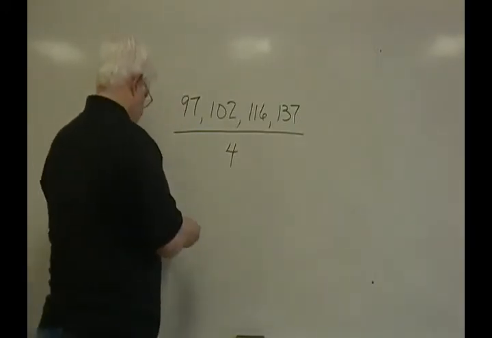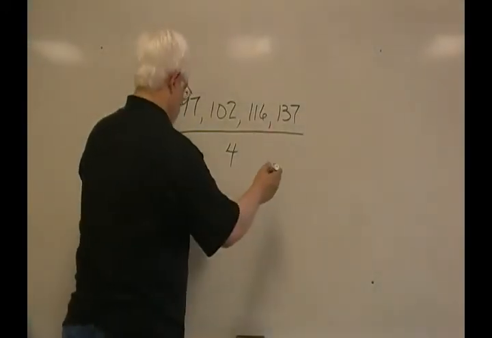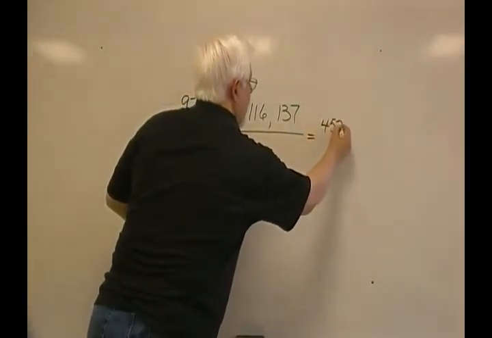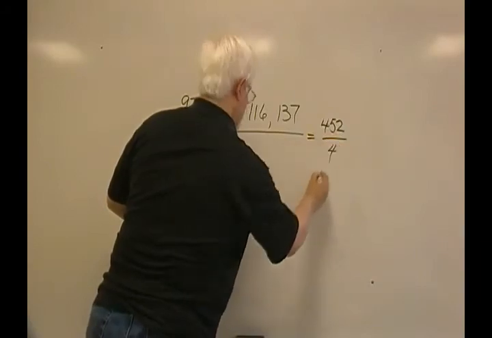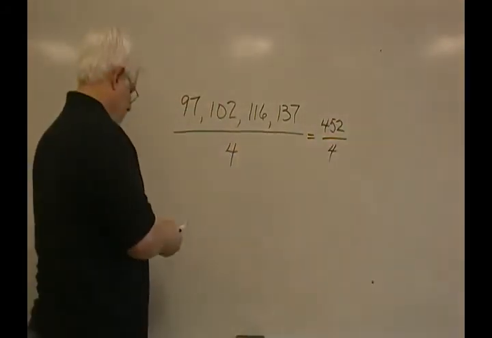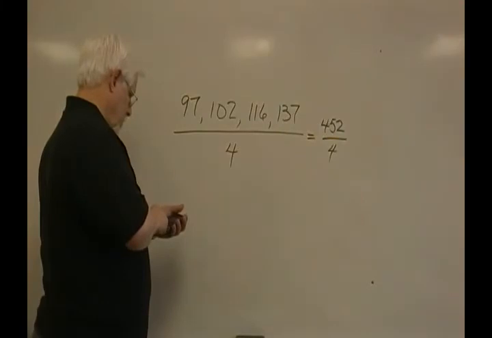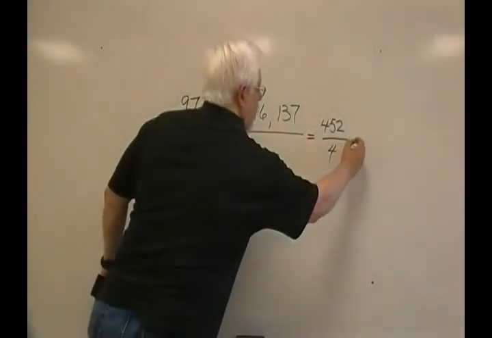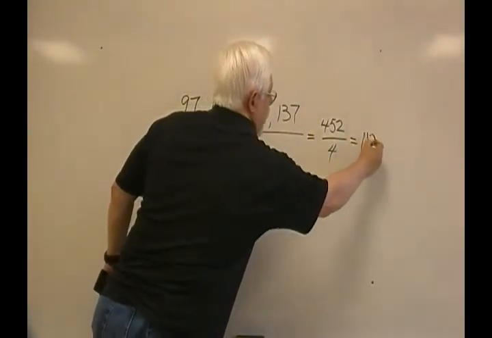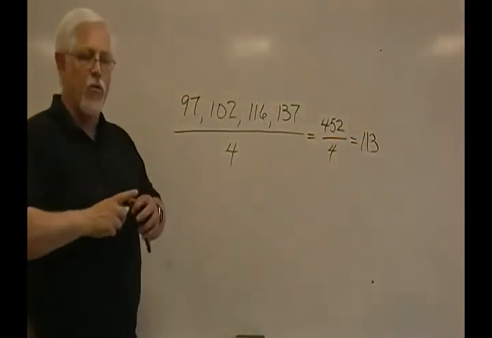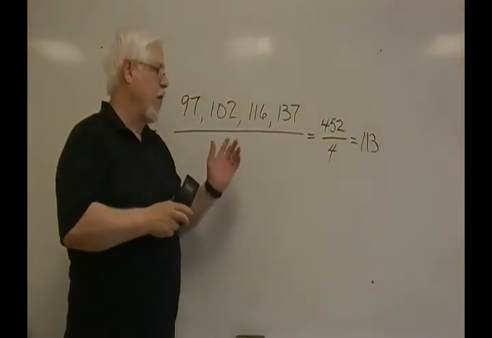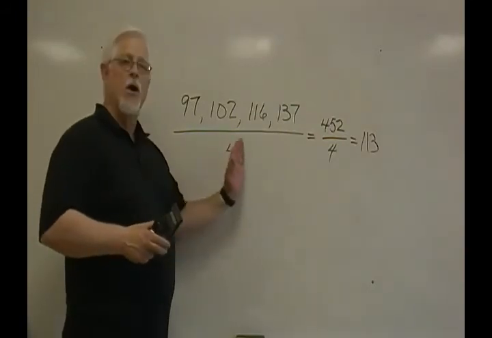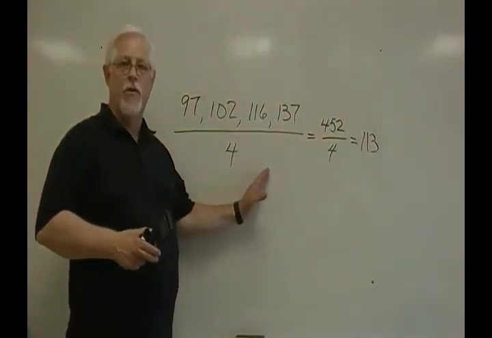That would be 452 divided by 4, which would be 113. You notice it took me less than 1 minute to perform that operation on my calculator. That's what I want you to do. Try and spend no more than 1 minute on each of the arithmetic problems.